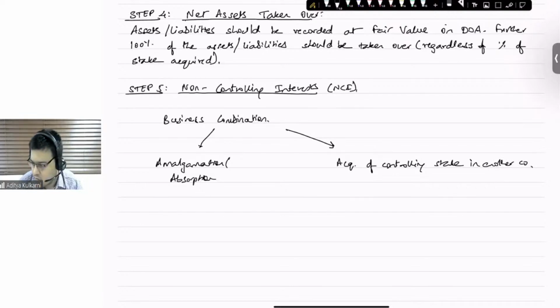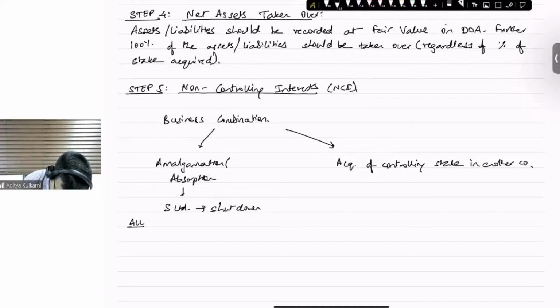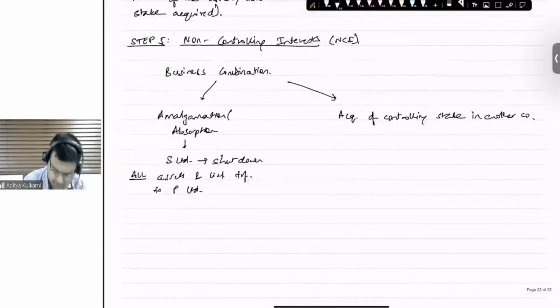Now, when this is your case, what happens is the selling company, I'll call it S Limited, will shut down, and all, I repeat, all assets and liabilities are transferred to the purchasing company P Limited.